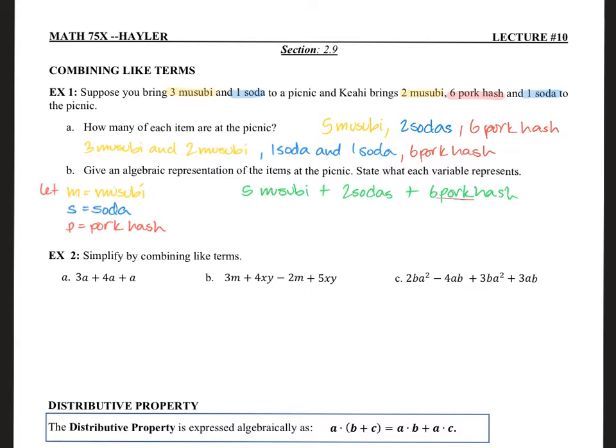So pork hash is supposed to be P, so we're going to swap that out with P. And then sodas, we're going to replace with S. And finally, musubis, we're going to replace with M. So my algebraic expression is going to be 5m plus 2s plus 6p. So there we go. That's an algebraic representation of our problem.